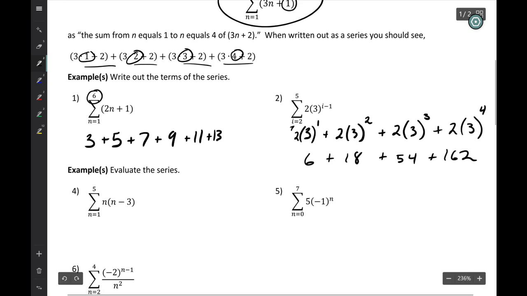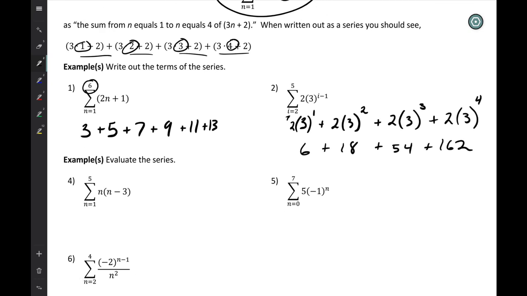To evaluate a series, all we're going to do is find the sum of the terms. So do the same thing you did before: write out each term, and then add them together to find the sum. This one's a little bit different. It's not arithmetic or geometric, but we do the same thing.